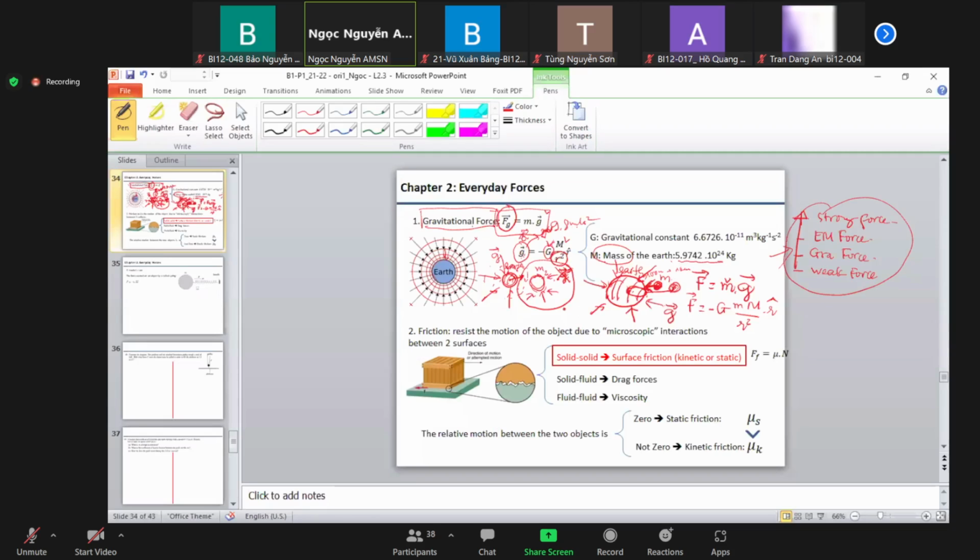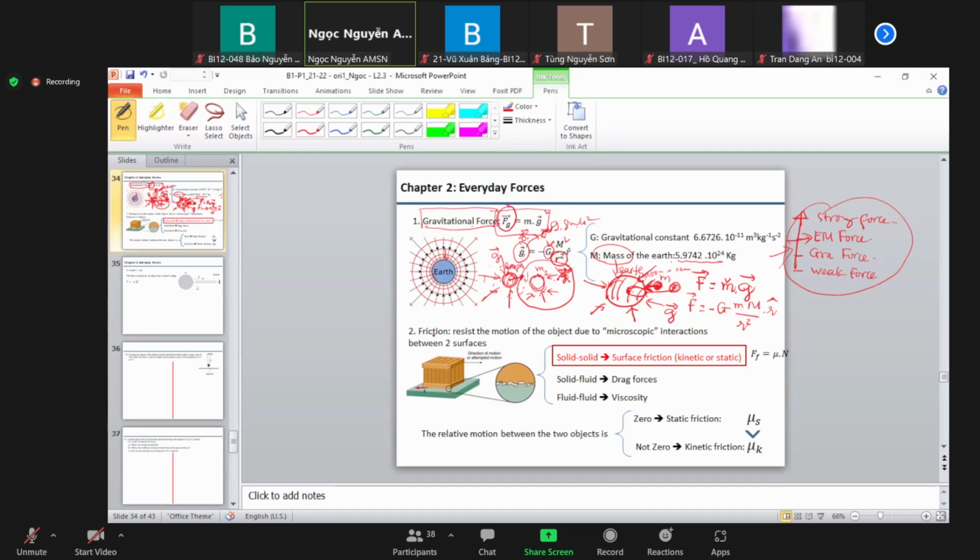And the second kind of force you need to know is the friction force. This force is due to the microscopic interactions between two surfaces. In fact, it is the electromagnetic force, due to the electromagnetic interactions between the atoms of this surface and the atoms of another surface.